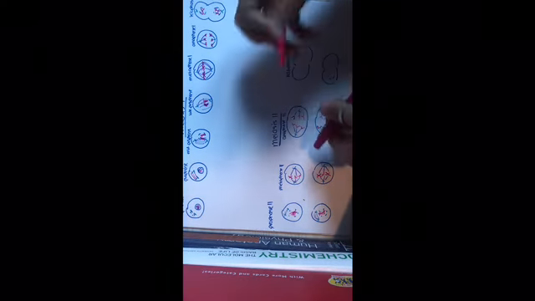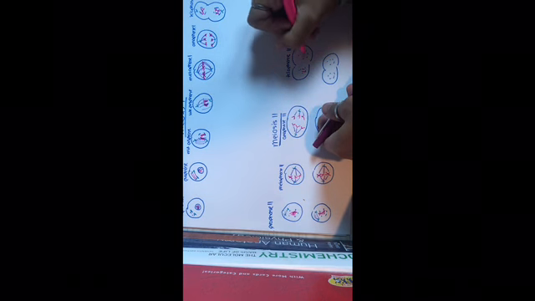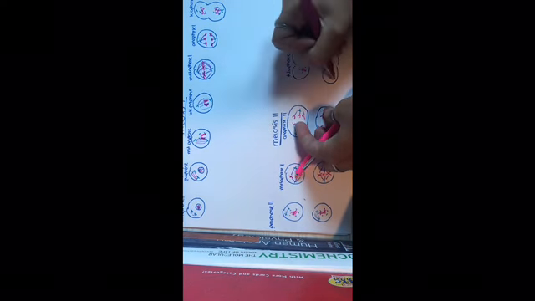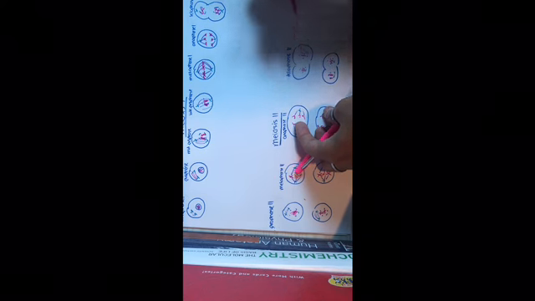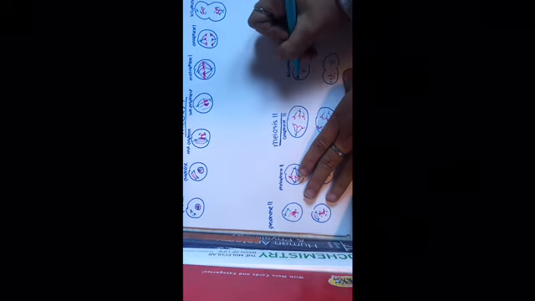So, let me draw this out. They start to decondense after this into long fibers again. So it creates 4 granddaughter cells.